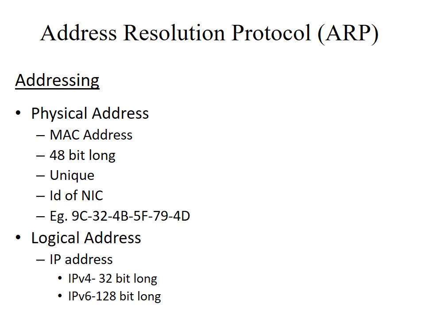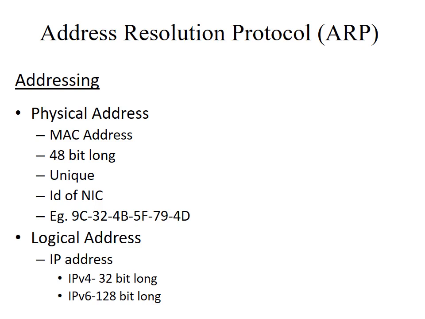Here I have denoted one MAC address. It's 6 groups of 2 hexadecimal digits separated by a colon or a hyphen. For example, here it will be 9C-32-4B. So it's a combination of 6 groups of 2 hexadecimal digits.